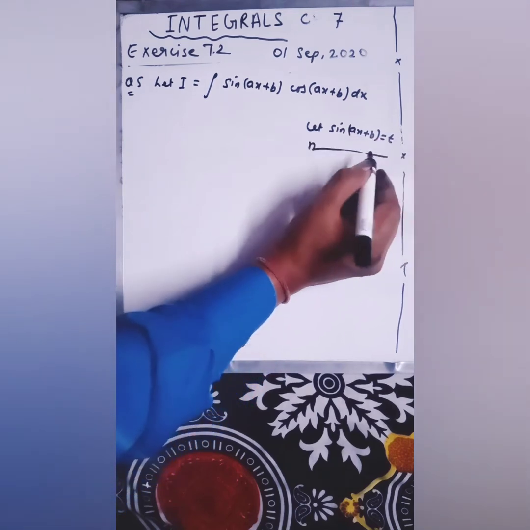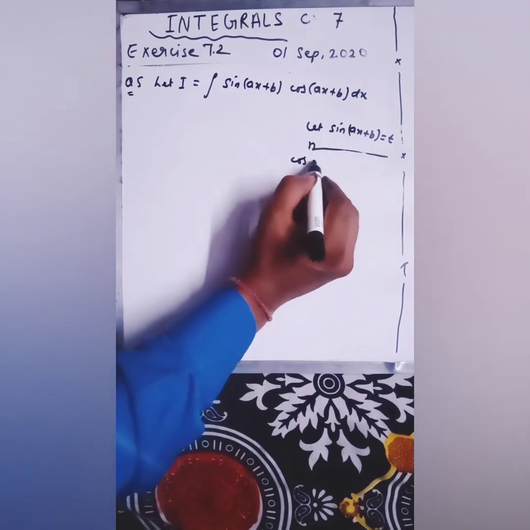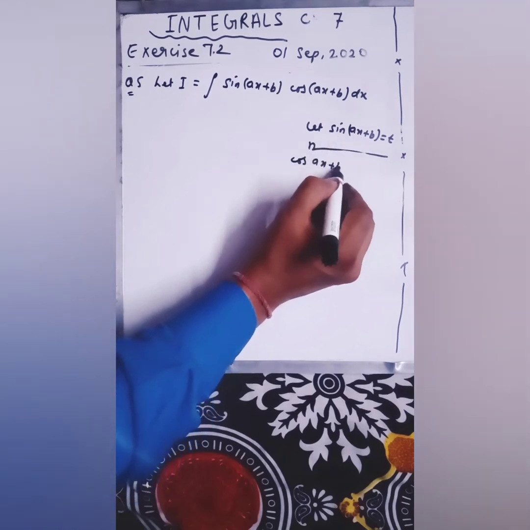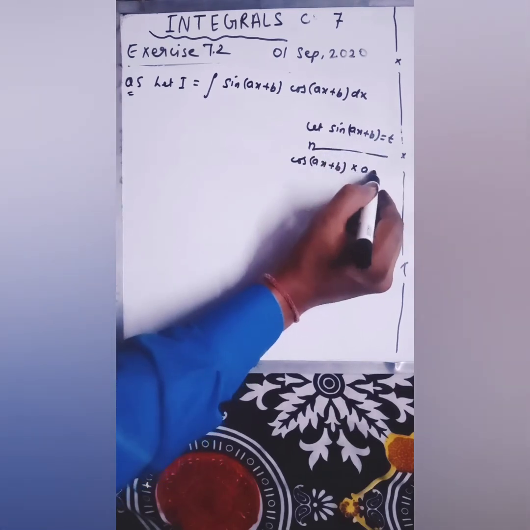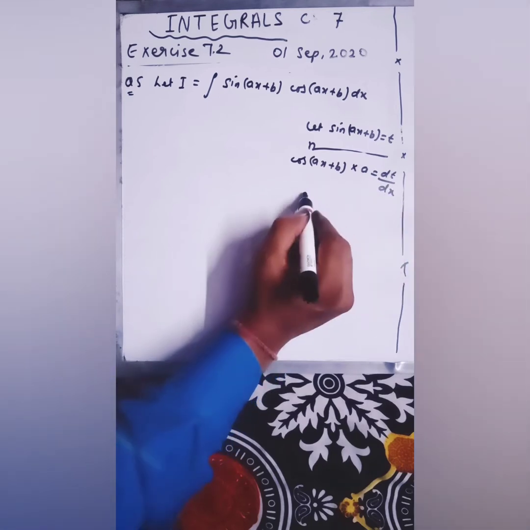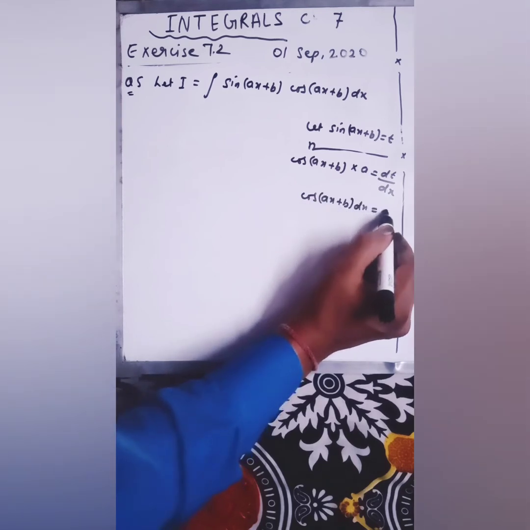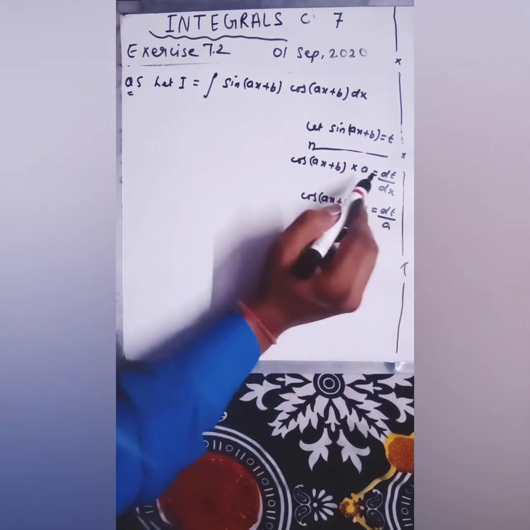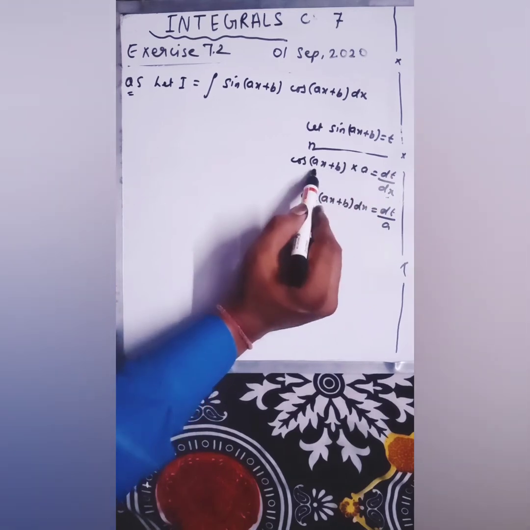Now I am differentiating both sides with respect to x, and the derivative of this would be cos(ax plus b) into a, that is equal to dt over dx. Okay, so in the next step you have to write cos(ax plus b) into dx equal to dt by a.